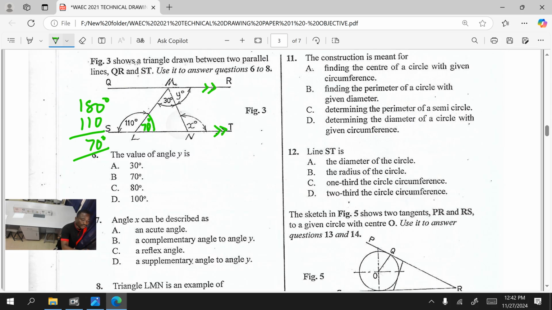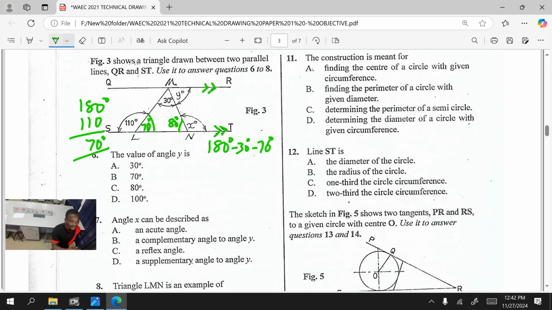So I can also look for this angle. Since angles in a triangle sum up to 180 degrees, if I add 30 to 70, that will give me 100. Is that not? So I can take away 30 degrees and 70 degrees from 180, the sum of angles in a triangle. Do you see it now? What will give me here is what?